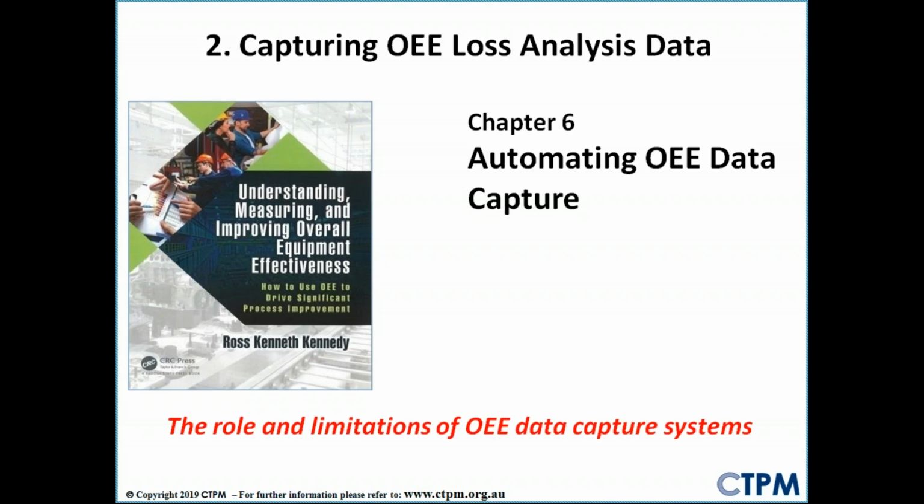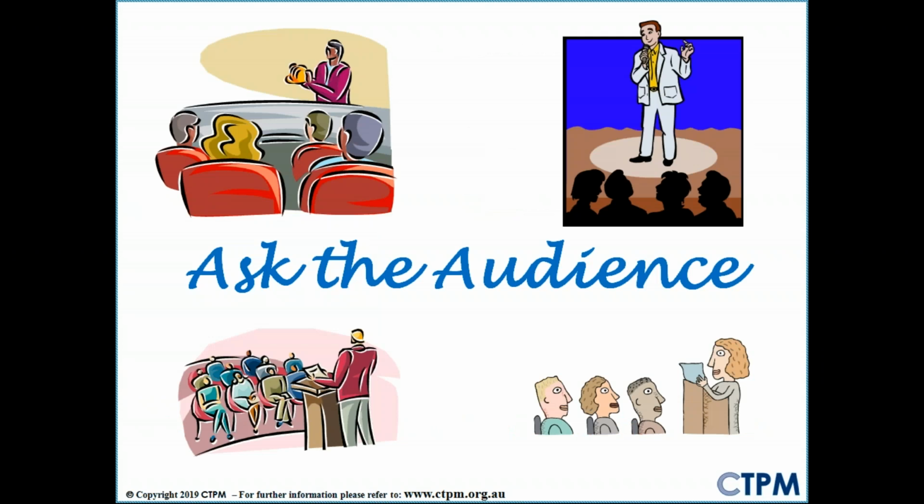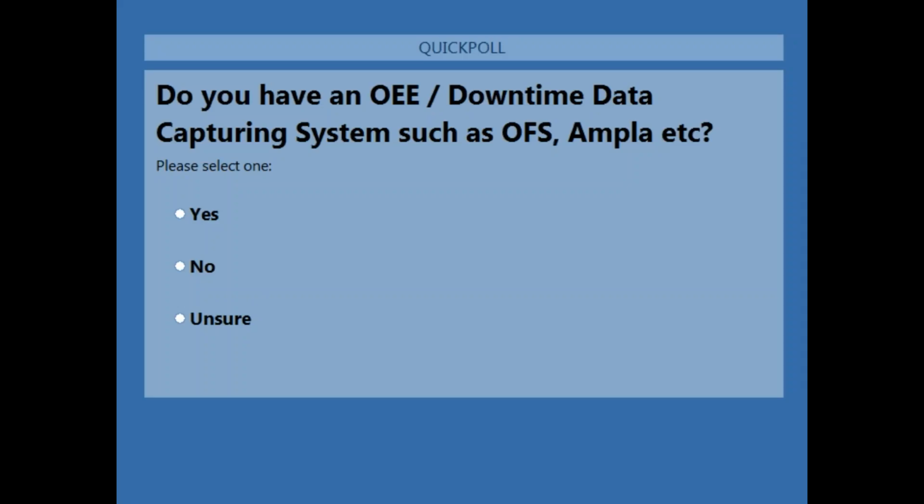However, it also reminded me of the role and the limitations of an OEE data capture system. So I thought I'd just ask the question of our audience today, who has an automated or a data capturing system? So whether it be RFS, Ampler, and there's many other ones around.